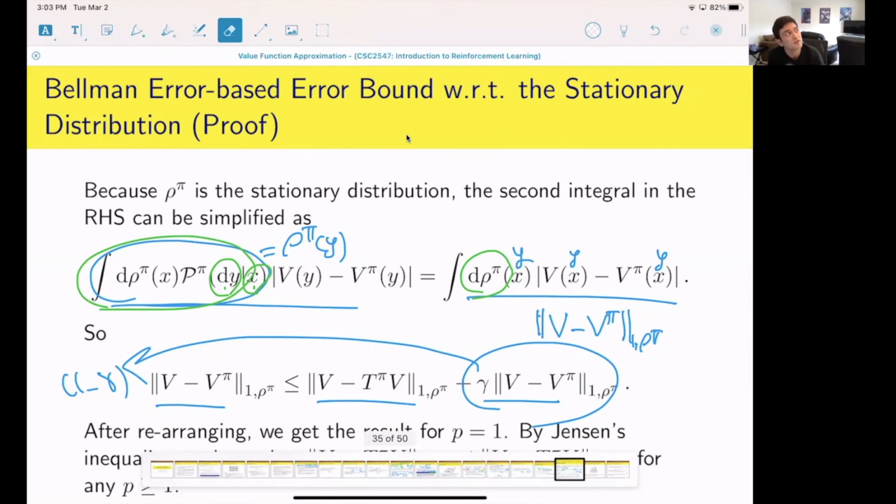So this is kind of like the probability density function. It is a probability distribution. It might be a density or not, but it is a distribution that, if the agent follows it, would not change.